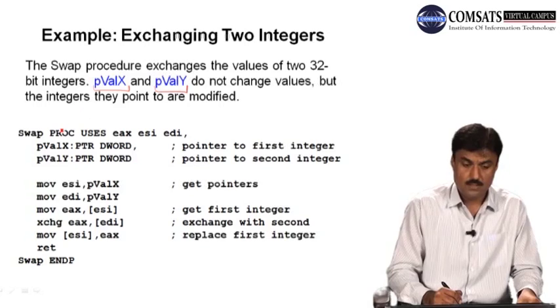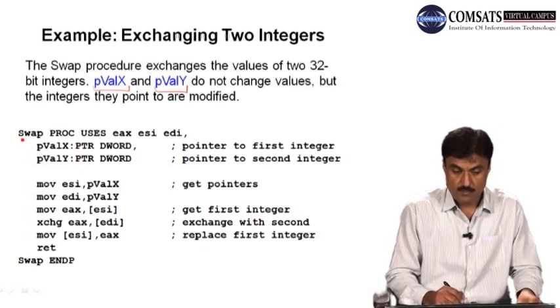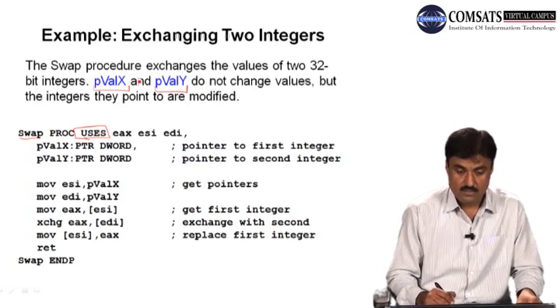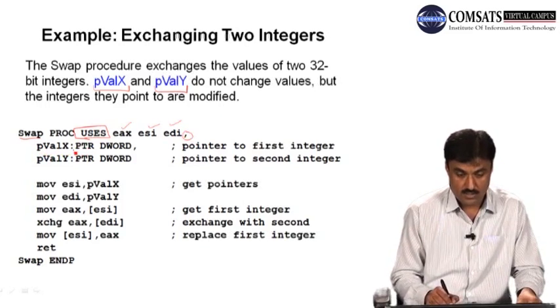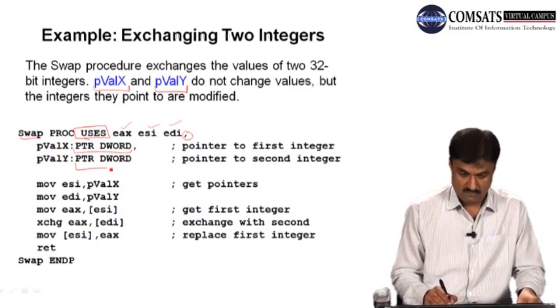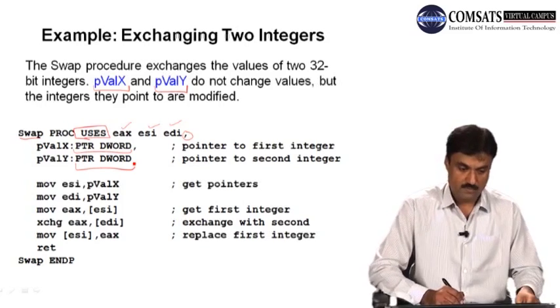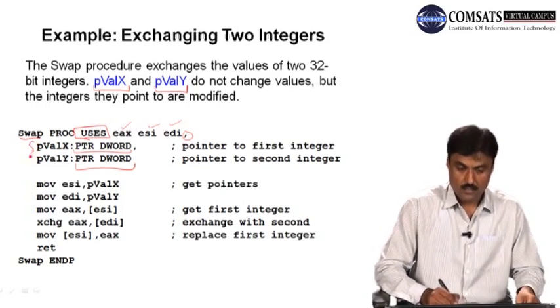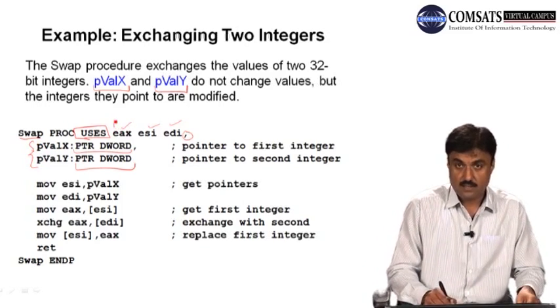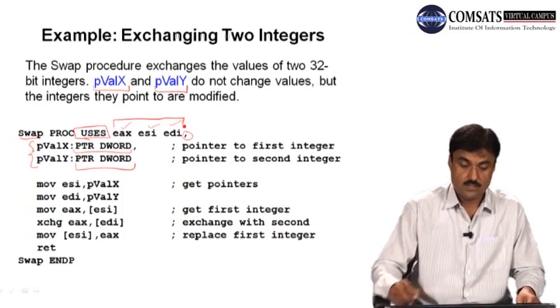So what will happen here, you can see the swap procedure. We have the uses directive. We define that it uses three registers, and we have these parameters. P-val x is a pointer to a double word, p-val y is a pointer to a double word, so there are two parameters, and uses defines that there are three registers being used.